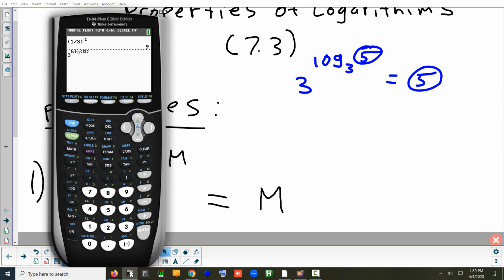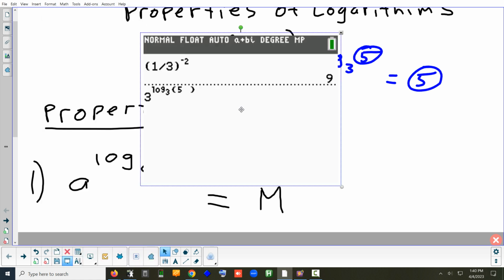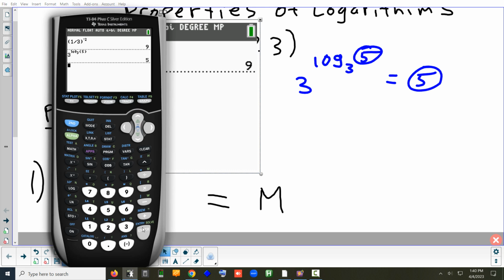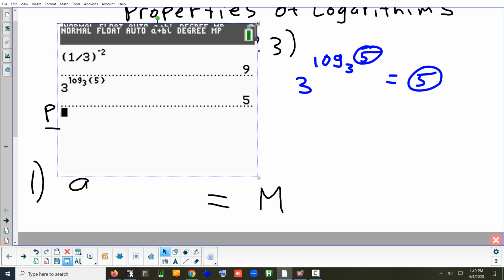So log base 3 of 5. Okay. So now I've typed in exactly what I have in blue. When I hit enter, I get 5. You will always get whatever number is right here for the answer over there. That's how it works.